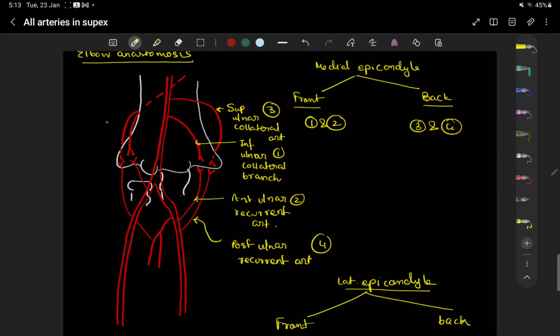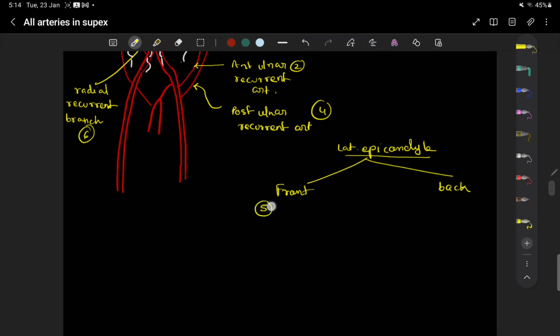So in the front we would have the anterior descending branch, which would anastomose with this radial recurrent branch. So this is 5 and 6. And this 5, that is the anterior descending branch को और एक नाम देता है, that is the radial collateral branch.